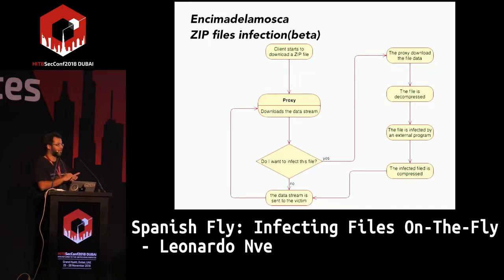You can write a parameter so that if the compressed file is bigger than a value, it doesn't infect it. For example, if the file is bigger than 100 megabytes and you are on a slow connection, don't infect that, because I prefer to infect other files that can be detected.